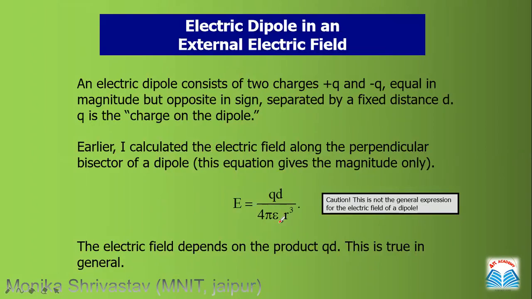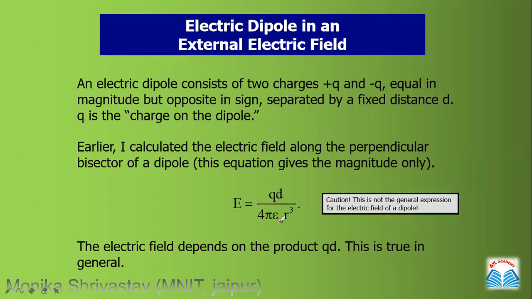Okay, next we are coming towards the electric dipole. Now you guys know what an electric dipole is. We have discussed it in the previous class too. In this class, we will see some applications of electric dipoles, and some formulas for how to solve problems of an electric dipole in an external electric field.